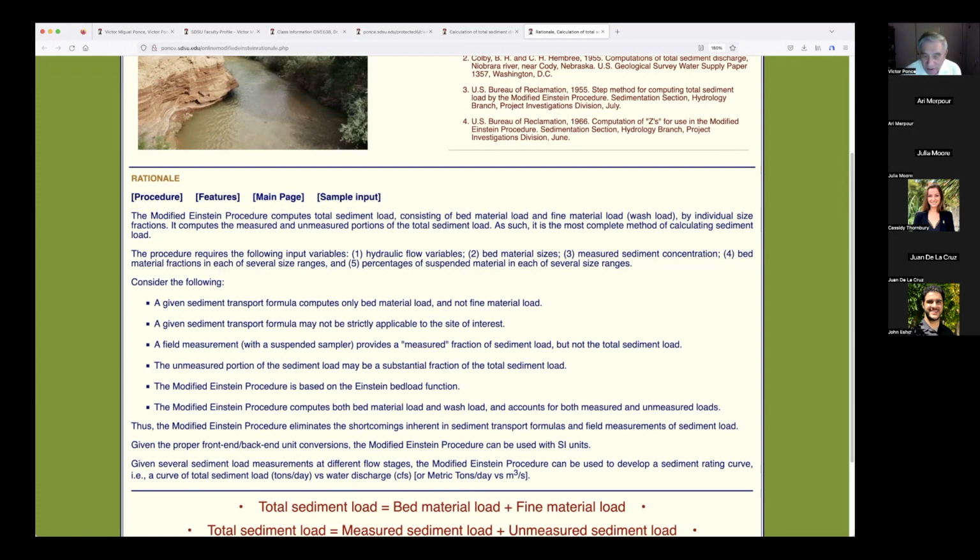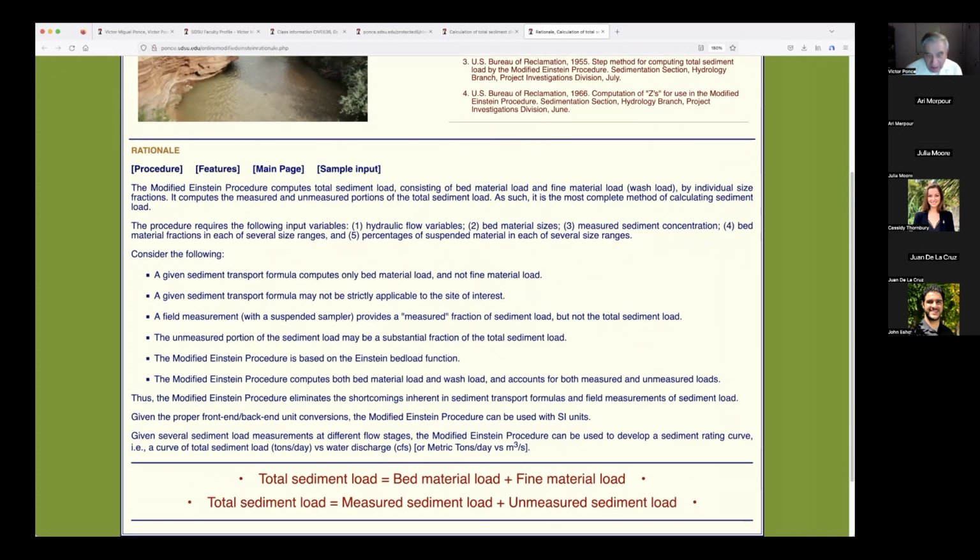In other words, if the input is SI, as it gets into the computer, it gets converted to US customary. Then the output is US customary, and at the end, you convert it back to SI. And that is why in our methodology, there are 24 columns in US customary, and then the 25th column is the answer in SI, in metric tons rather than in just tons.